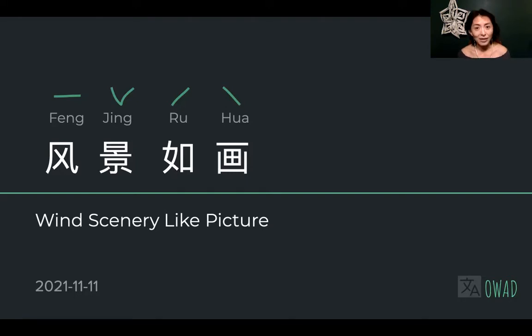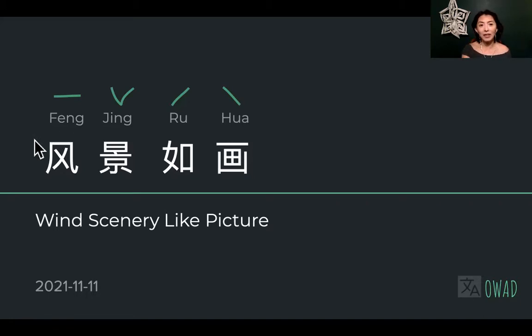In Chinese, the first 2 characters just mean scenery, but the language throws wind in to give you a sense of aerodynamic atmosphere, like it's an outdoor scenery, where things are moving.